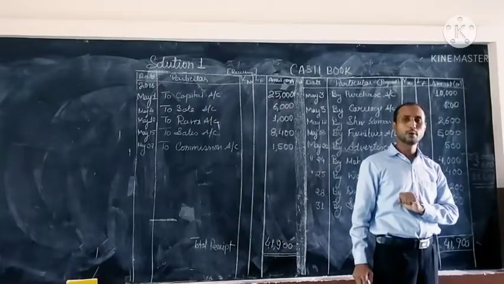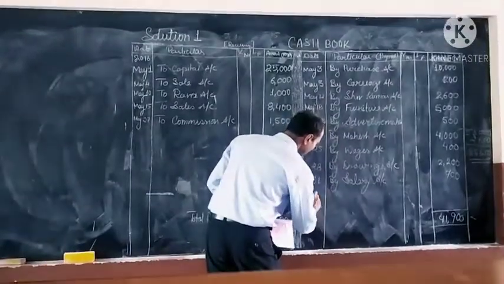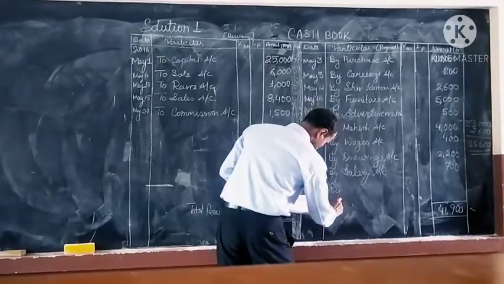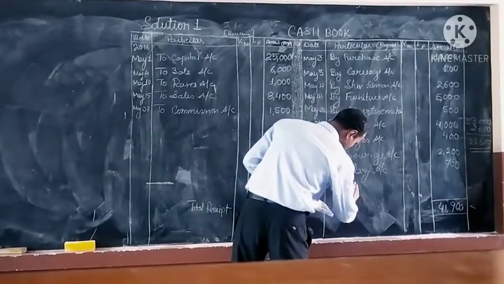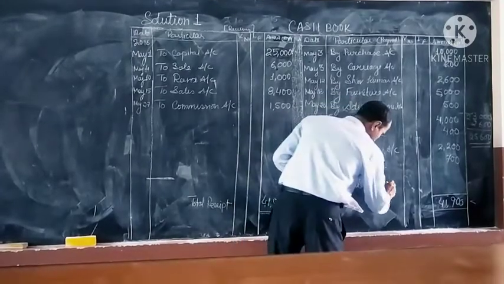So how much do you have in your pocket? That should be written here. It will be by 31st, by balance carried down.